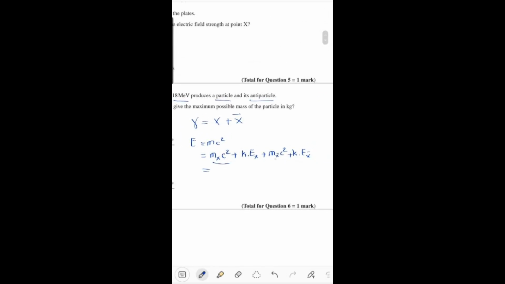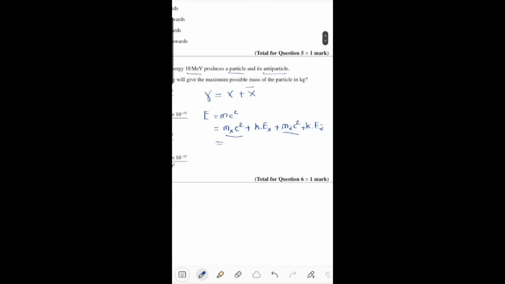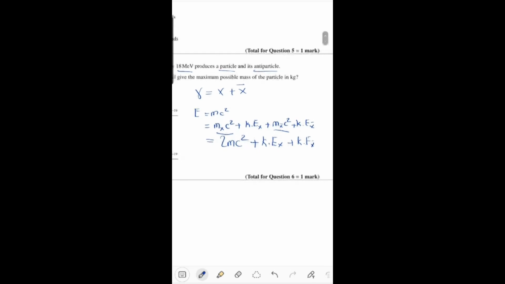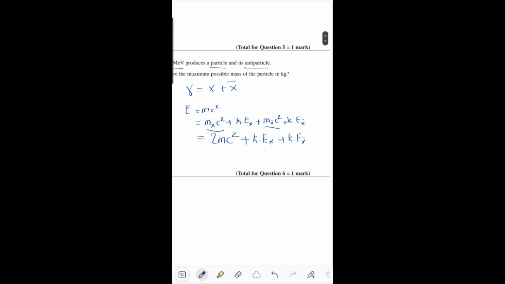These two can be added up as they're made from this, and so they share the same mass. So it's 2mc square plus kinetic energy of x plus kinetic energy of the antiparticle. Now we need the maximum possible mass.